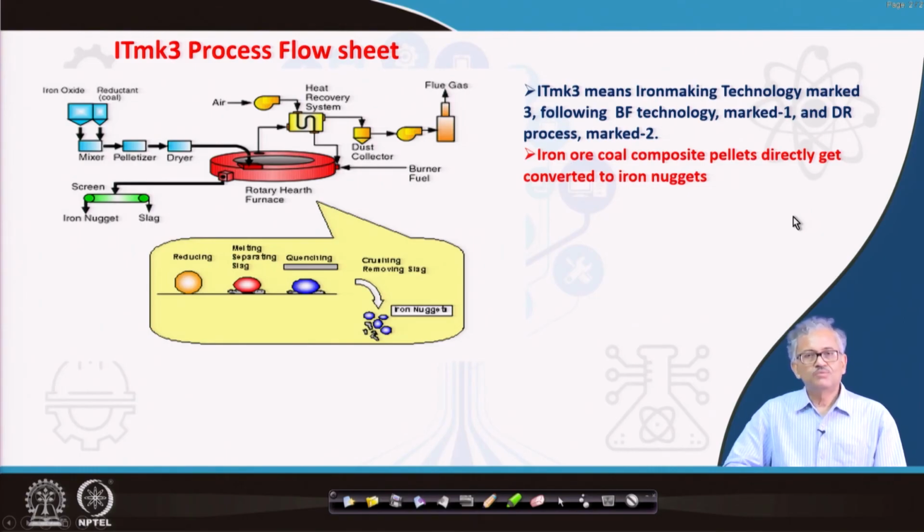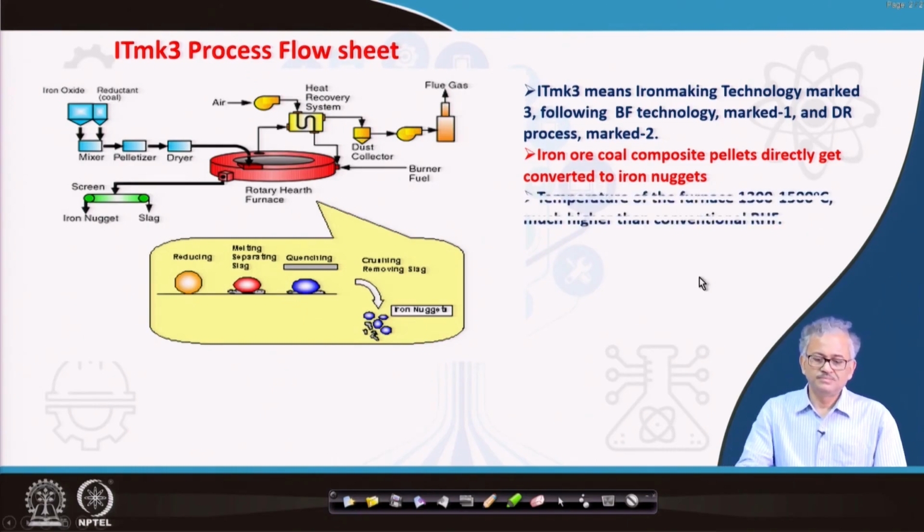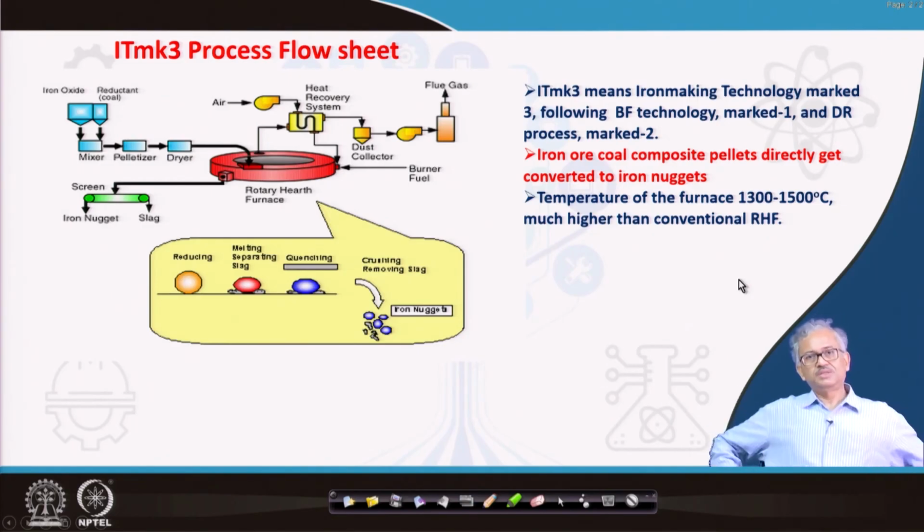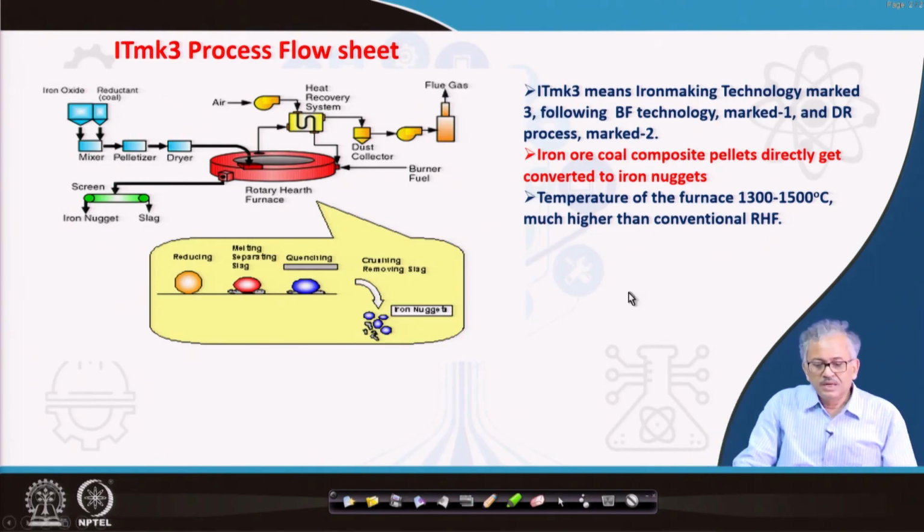Here iron ore coal composite pellets are directly converted to iron nuggets, not to sponge iron. You can see there is one compartment in the rotary hearth furnace beyond the reduction zone, which has a much higher temperature, around 1300 to 1500 degrees centigrade, very high temperature.